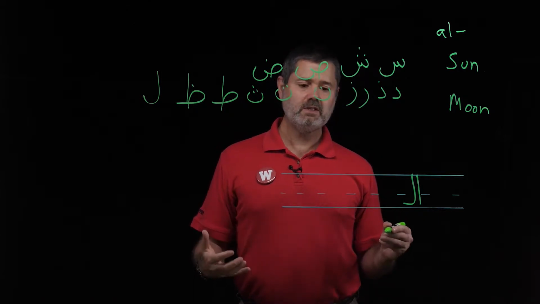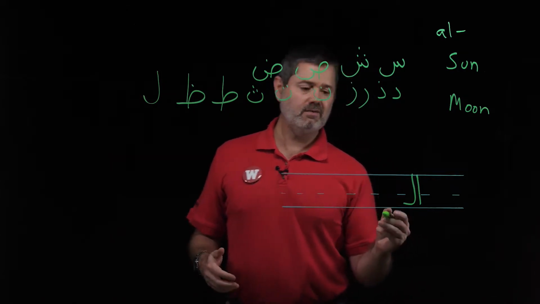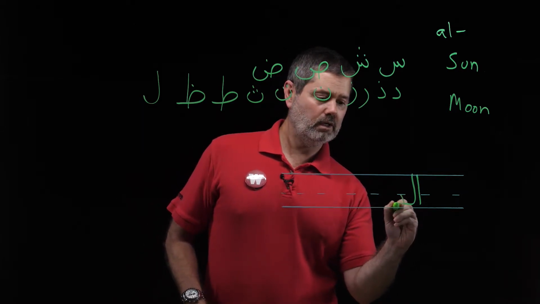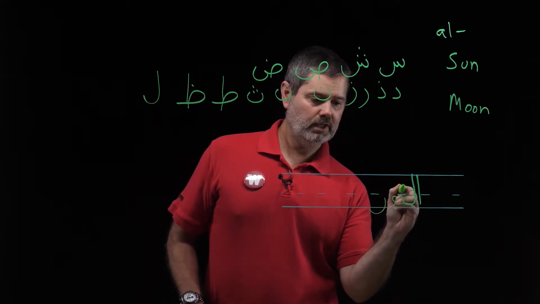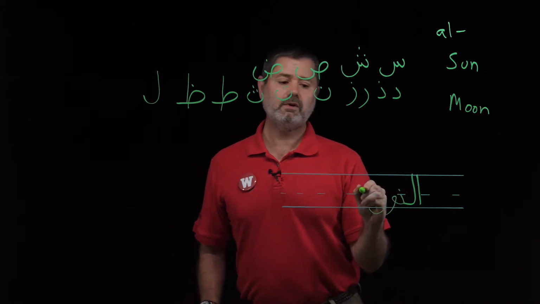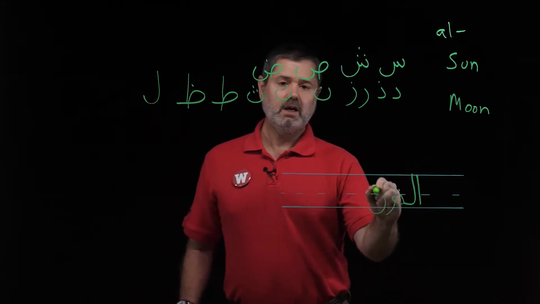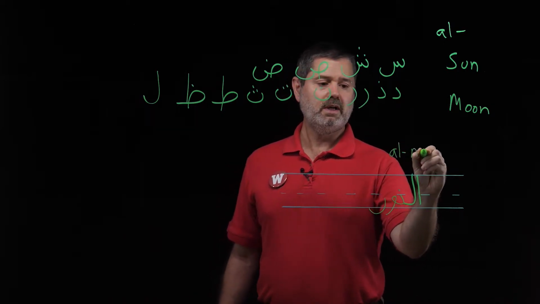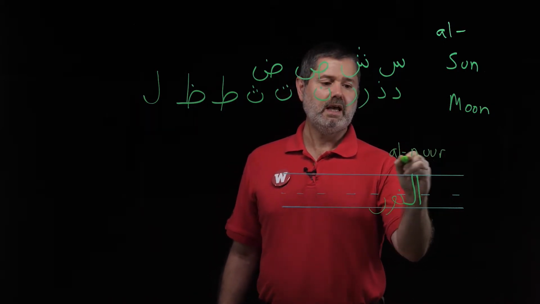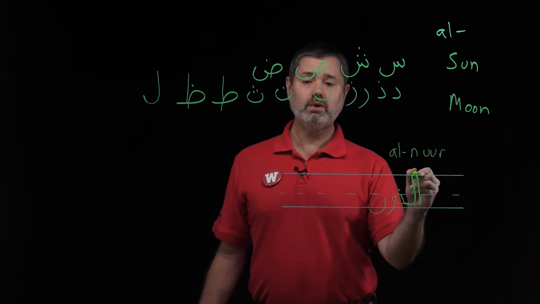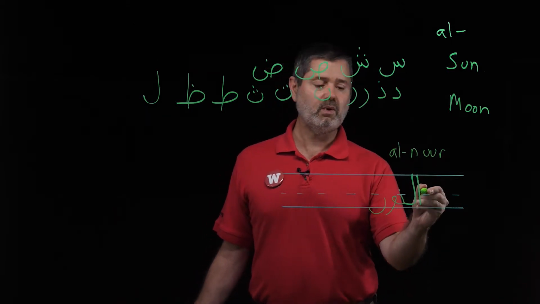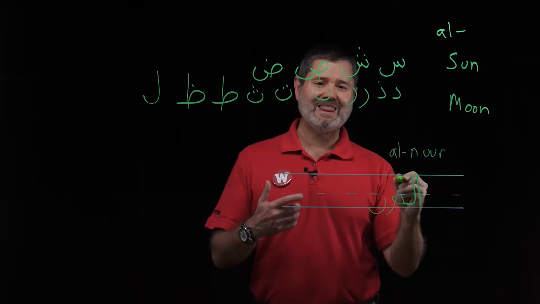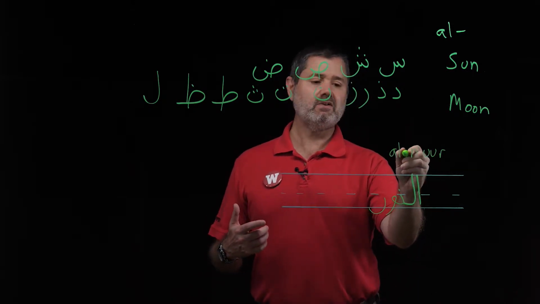Now, what happens to those sounds? Let's say I have a word with one of these letters, and I'm going to pick the word nur, meaning light. Now this looks like it should be pronounced al-nur, and you would sometimes see it written that way in English. It's not pronounced that way, and part of this is because going from a lam to an n sound is somewhat difficult.